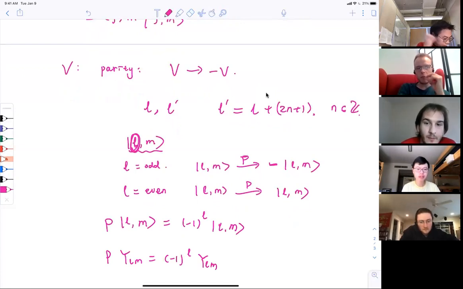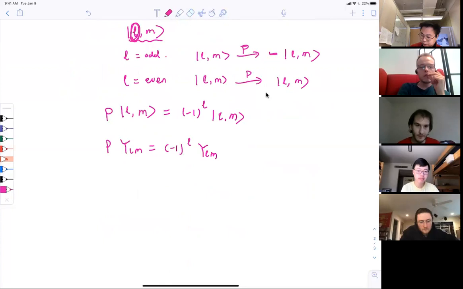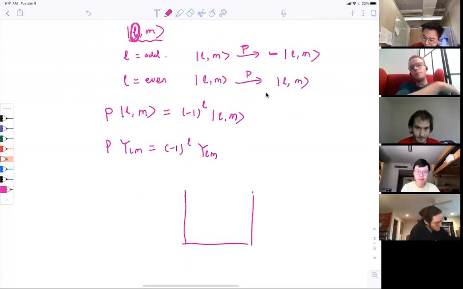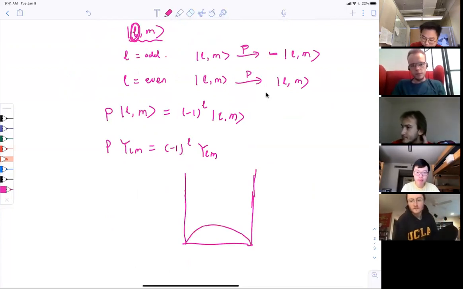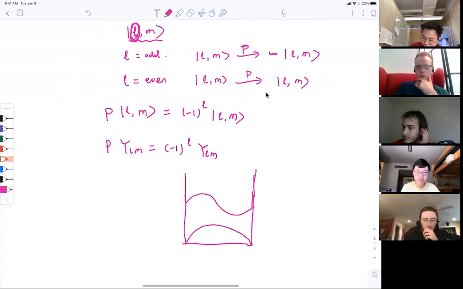Is there any clearer way to get it without looking at the YLM? Like looking at the right, it's like okay, because okay, I guess we know that for an infinite deep well, n equal to 0 is something like this, n equal to 1 looks like this, n equal to 2 looks like this, n equal to 3, I don't know.